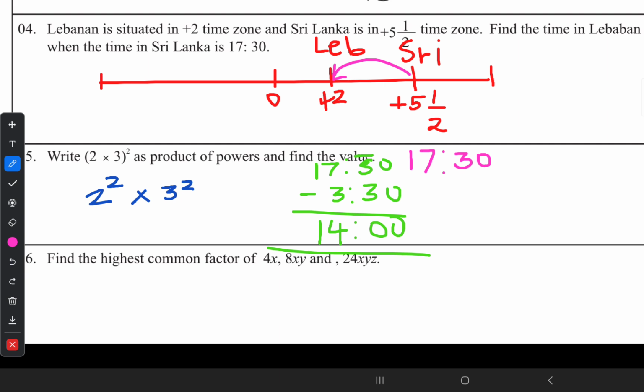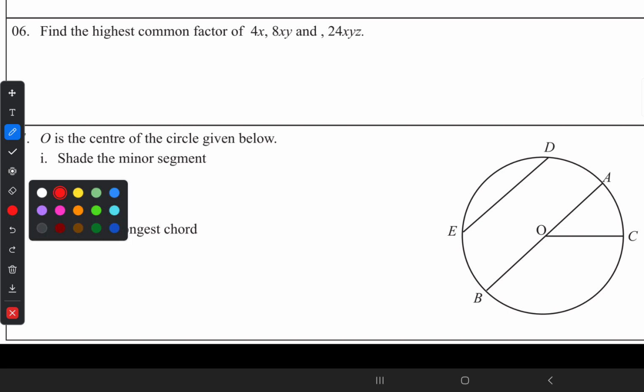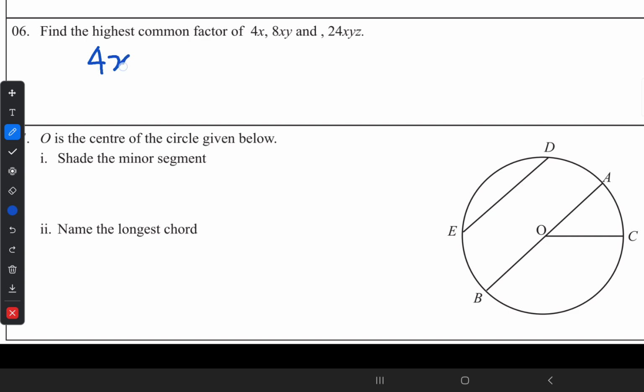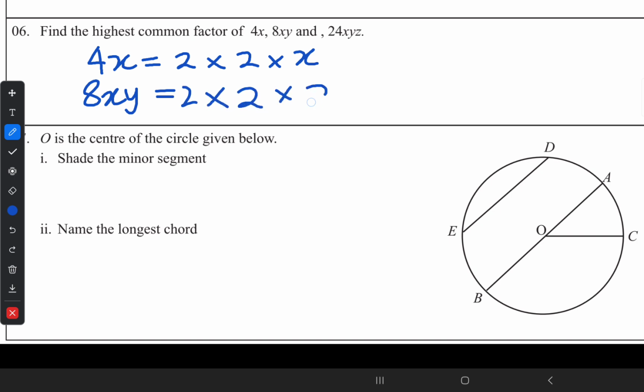Find the HCF for the given ones. To find the HCF, you can express 4x using prime numbers to divide: 2 into 2 into x. Then 8xy as 2 into 2 into 2 into x into y.